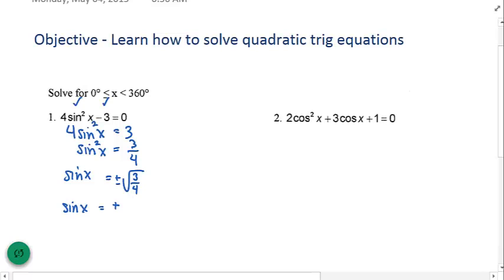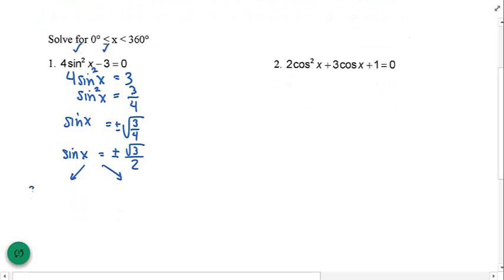So the numerator will be root 3, but the denominator, because we can simplify root 4 to be just 2, it's just going to be root 3 over 2. We have two possible scenarios. The first scenario is where the sine of x is equal to root 3 over 2. The other scenario is where the sine of x is equal to negative root 3 over 2.